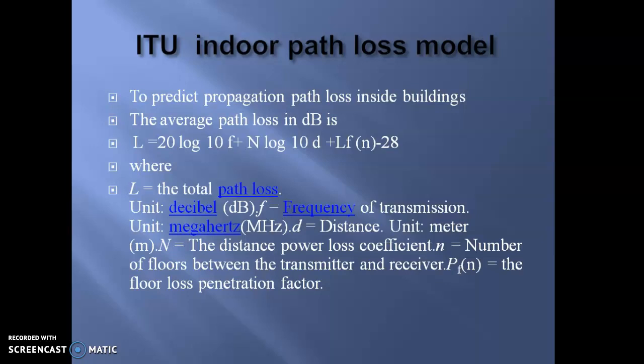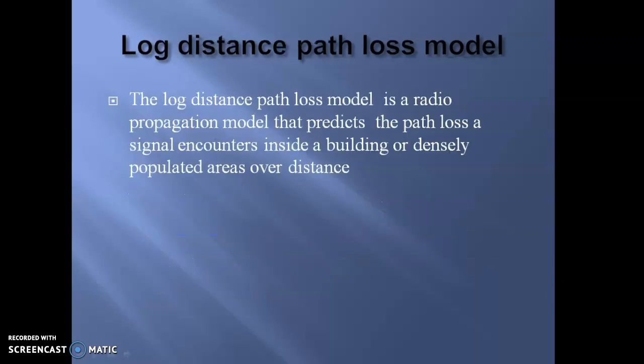Here L is the total path loss in decibels, F is the frequency of transmission in megahertz, D is the distance in meters, and N is the distance power loss coefficient. n is the number of floors between the transmitter and the receiver, and Lf is the floor penetration factor.